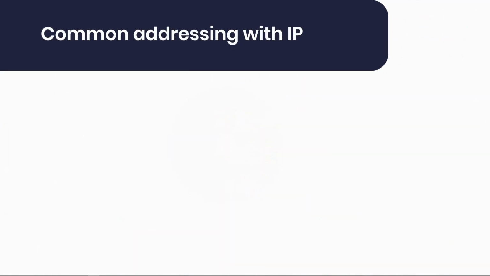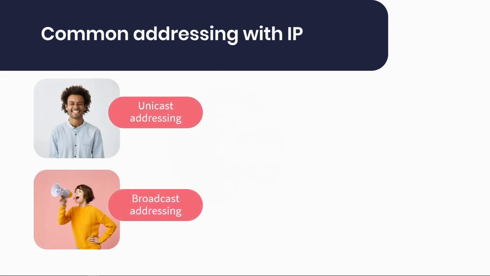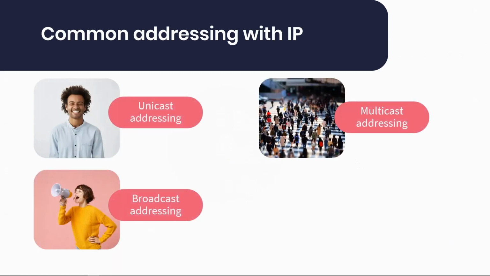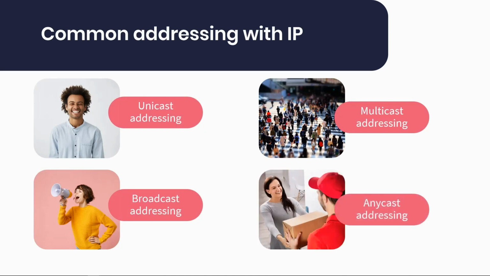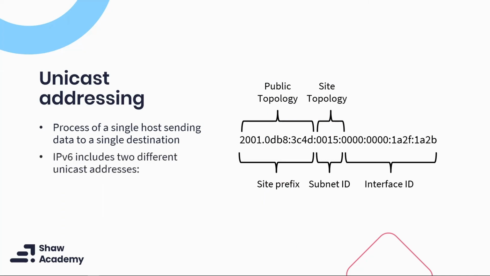There are 4 methods of addressing that we will look at now. They are Unicast Addressing, Broadcast Addressing, Multicast Addressing, and Anycast Addressing. Unicast addressing is the process of a single host sending data to a single destination. IPv6 includes 2 different unicast addresses.